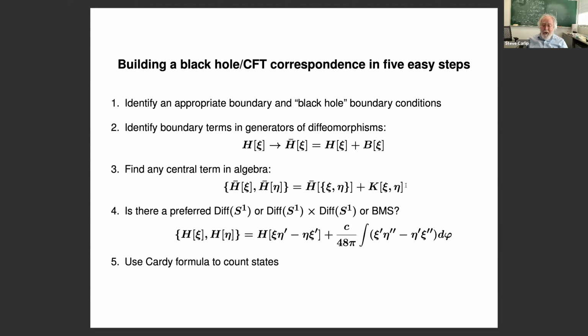If it's a consistent restriction, that is, if this is a real subgroup, there's only one possible form that the central term can take, because there's only one possible form of a central extension of a one or two-dimensional diffeomorphism group. So that gives you a central charge, and you already have the Hamiltonian, which gives you the zero modes, and so then you can just count states. So that's the general setup.